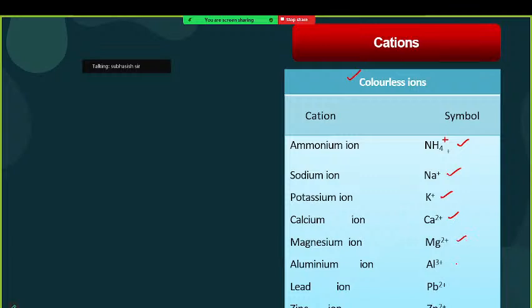Calcium, magnesium and aluminium salts are generally colorless. Some of the lead salts are colored, but most lead salts are generally colorless, and all the zinc salts are definitely colorless. So these are some cations whose salts have no color, both in solid form and in solution.